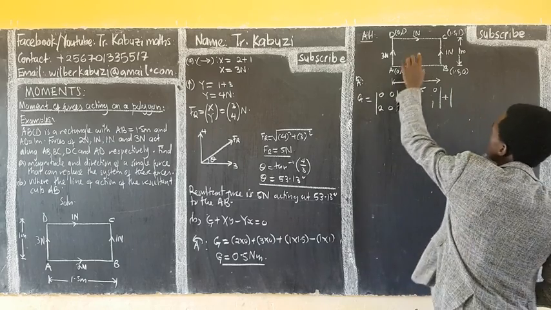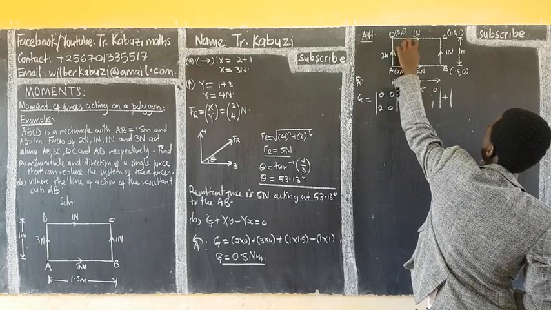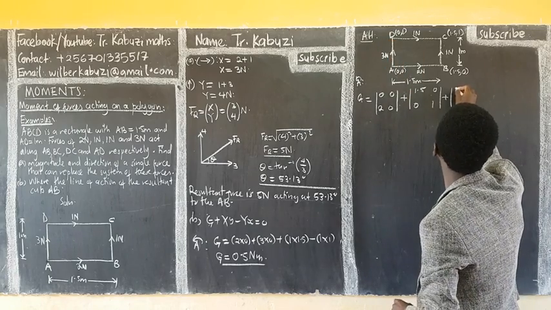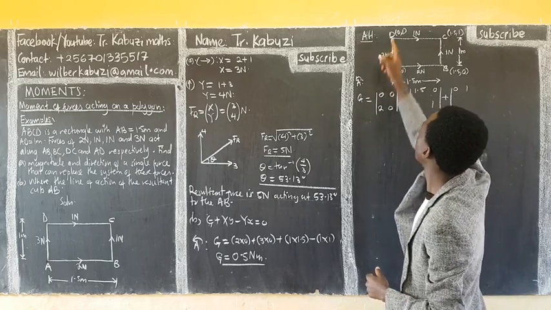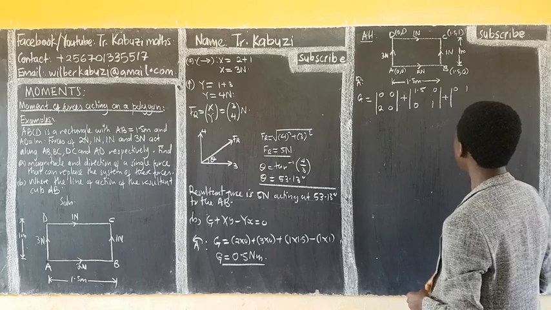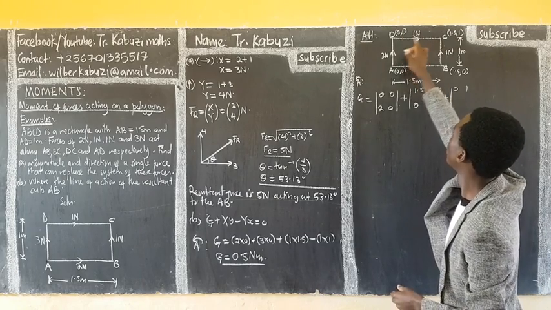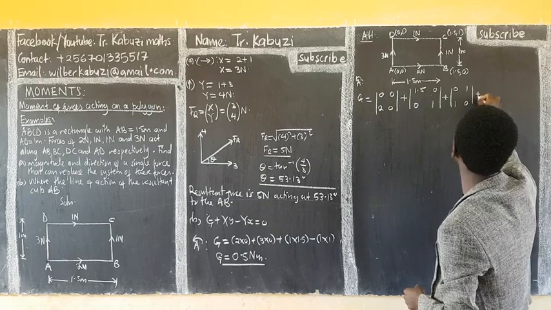Plus. This force is coming from here. So this one becomes 0, 1, where it comes from. And then this one, you see this is the horizontal component going the other side. So it's 1, 0. Then plus.